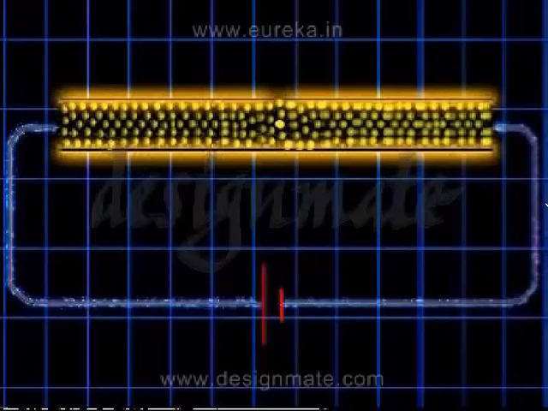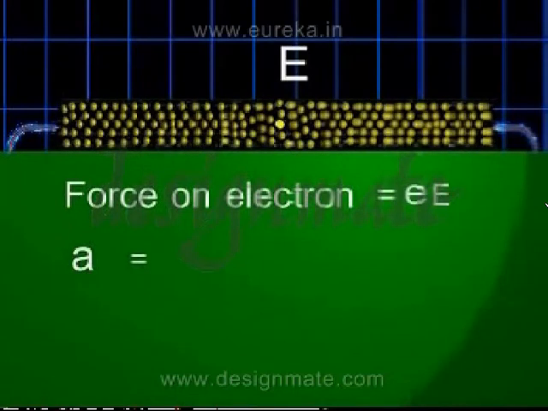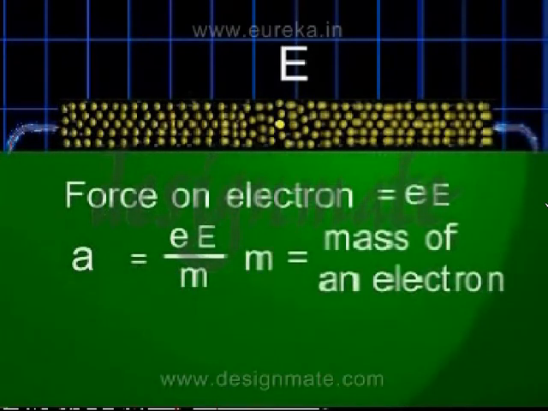If the electric field in a conductor is E, then the force acting on an electron is eE, and its acceleration is a is equal to eE upon m, m being the mass of an electron.